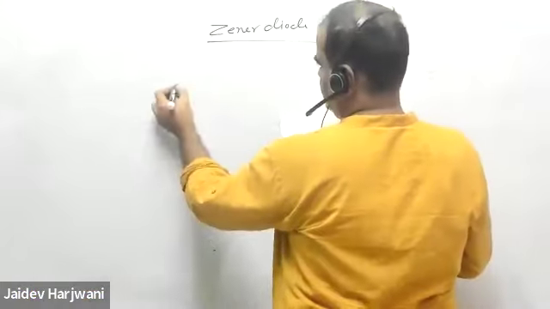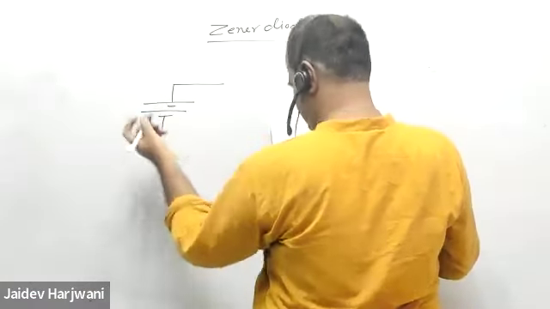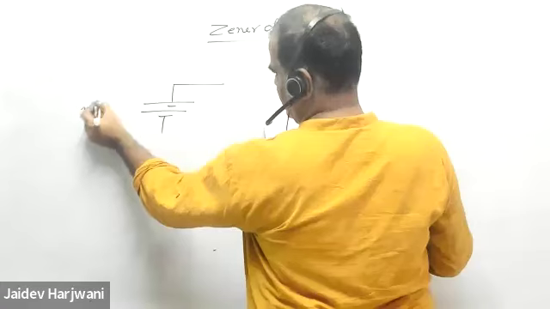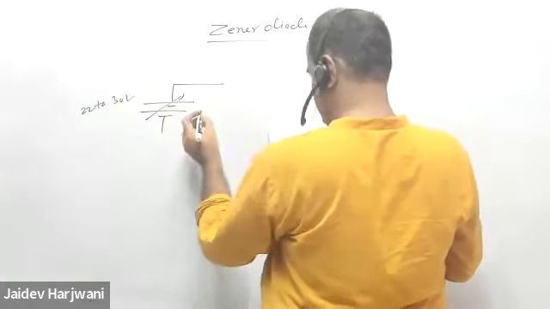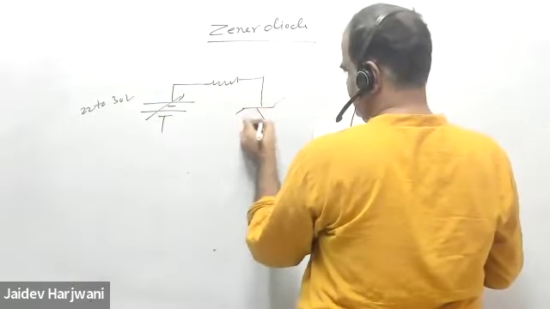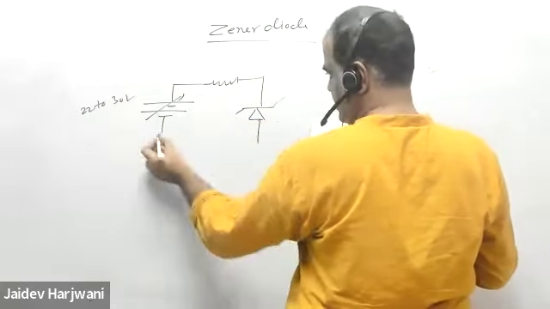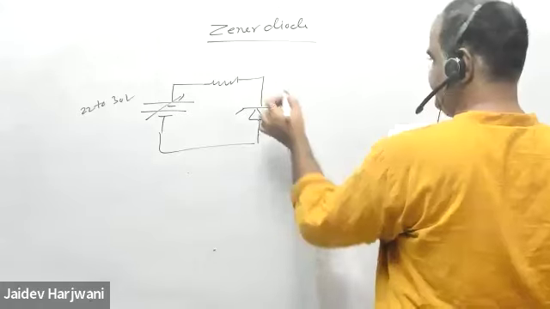You only have to remember the formula. This is 30 volt. This is your RS. This is a zener diode. You have this 12 volt.